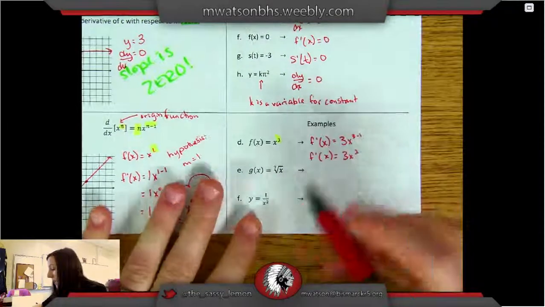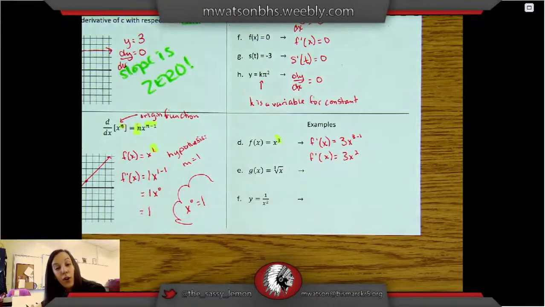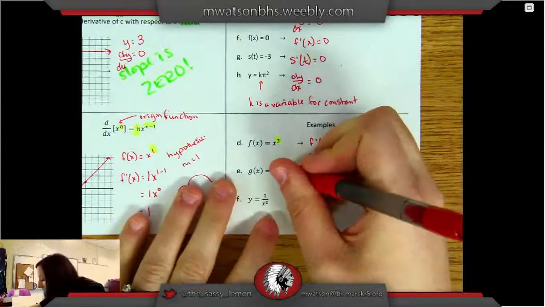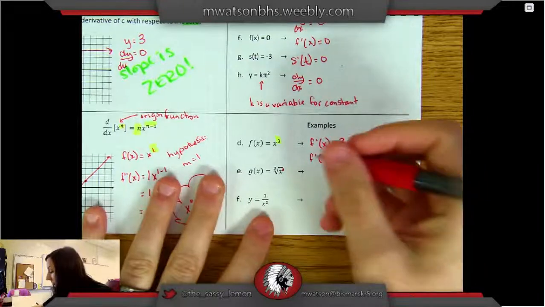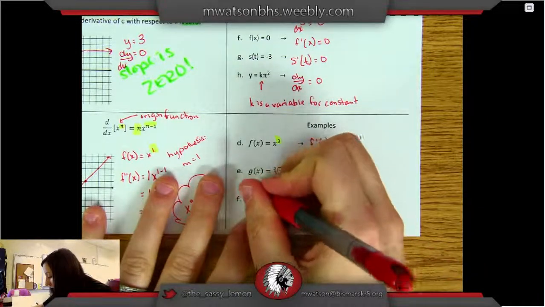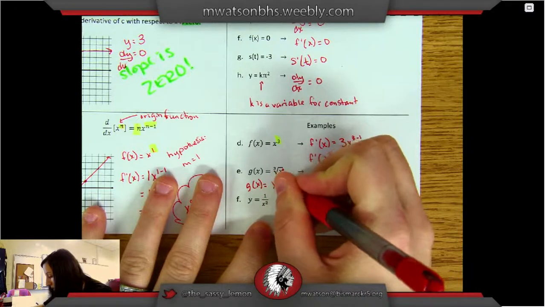Now they do get a little bit trickier. Say you have a cube root. You have to know how to change a cube root into an exponent. And we learned this in Algebra 2, that you can unwind the radical and the power underneath goes over the power outside. So first I'm just going to change the way this looks. I'm going to change it to g of x equals x to the 1/3.